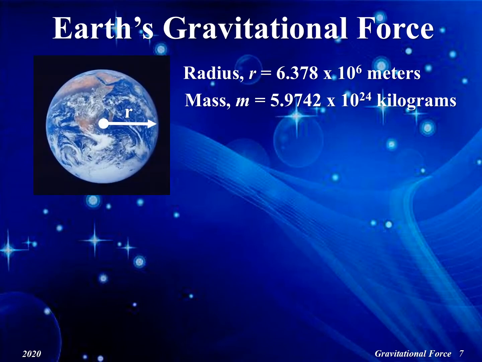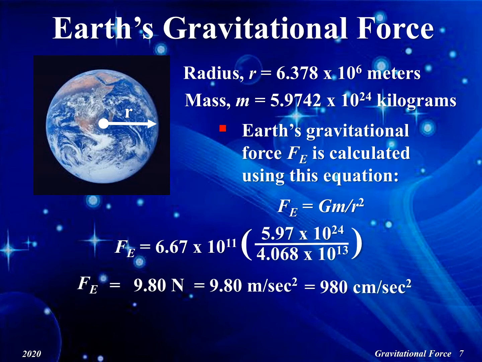Let us now calculate the Earth's gravitational force. The Earth's radius, r, is equal to 6.378 times 10 to the sixth power meters. The Earth's mass, m, is equal to 5.9742 times 10 to the 24th power kilograms.